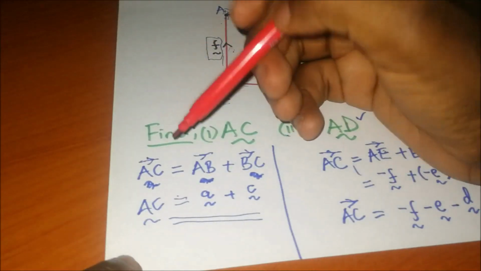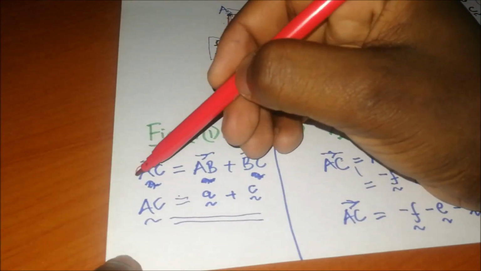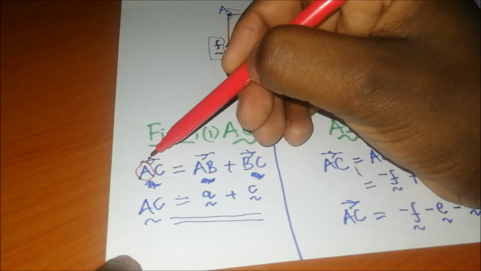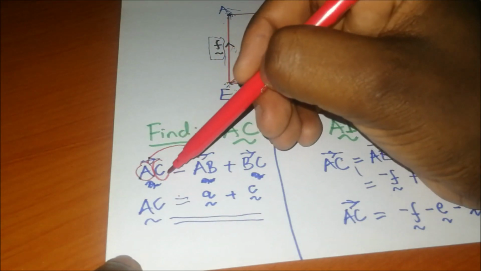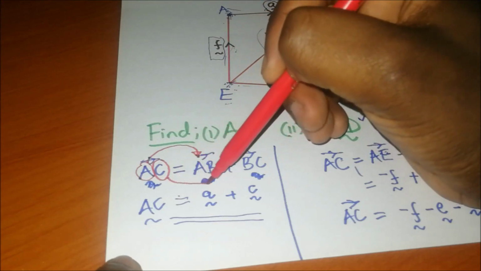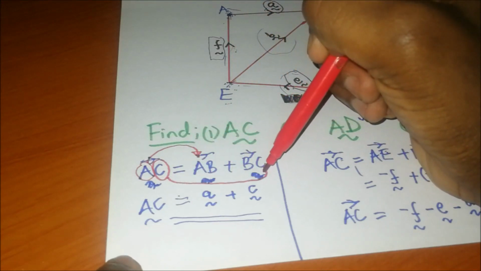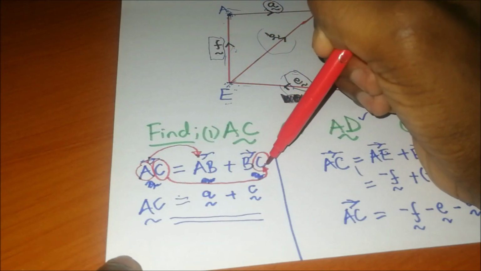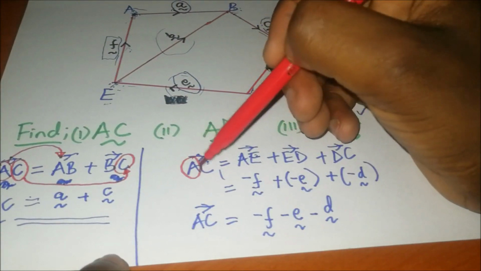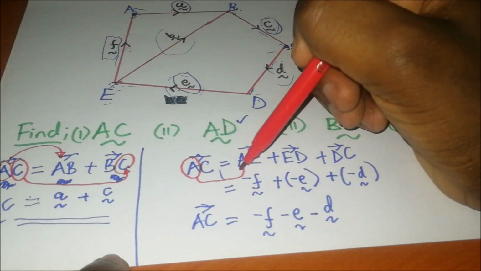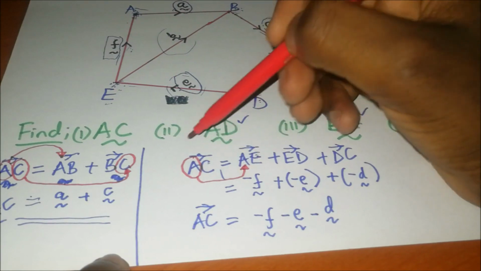If you see my SC right here, A is the first letter here, and that same A is the first letter there. C is the last letter here, and that C is the last letter in my progression right there. It's the same thing here. A is the first letter here, and A so happens to be the first letter right there.